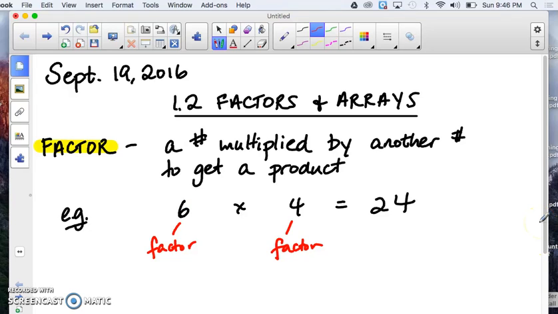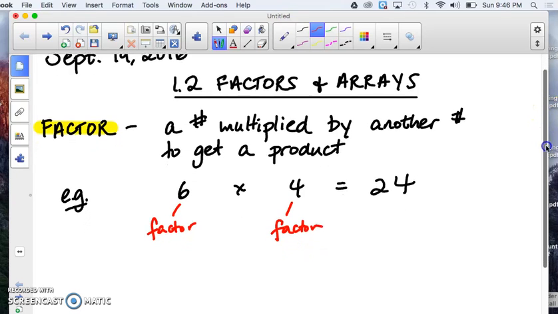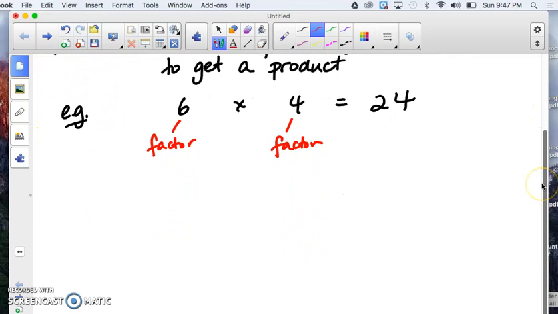Now let's apply the definition of factor in a question. So, again, jot this down. I'm going back to black, which means you're in pencil on your page. So first question is, find the factors of 18.